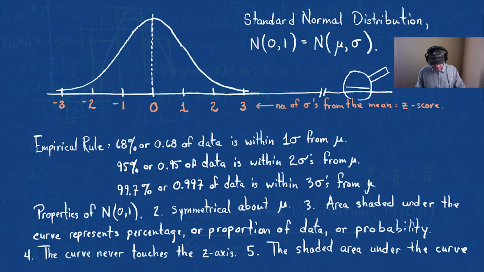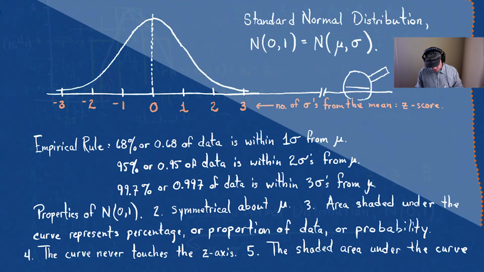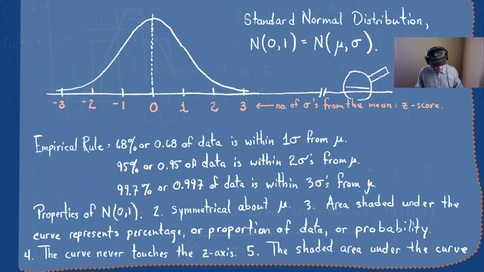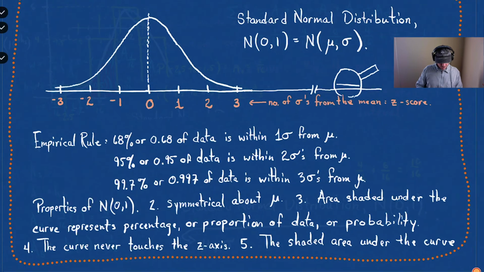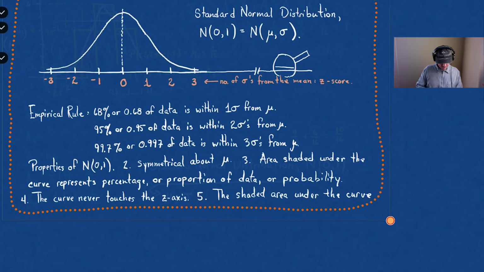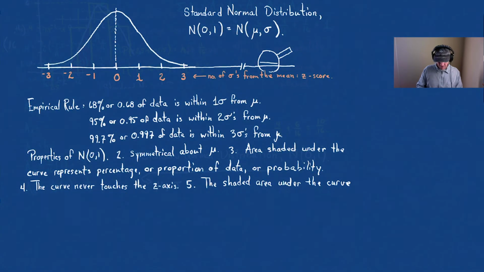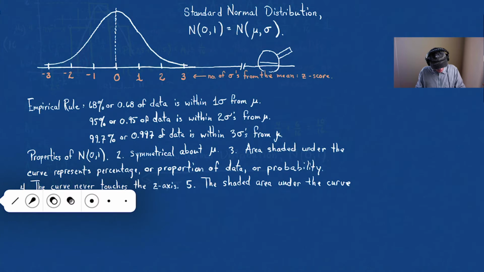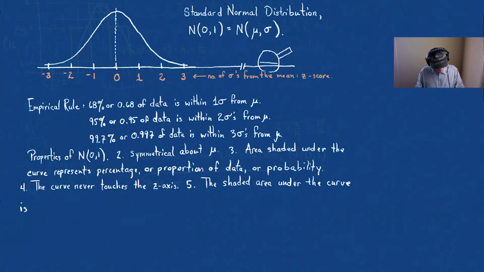You know what I'm going to have to do? I'm going to do this. Okay, let's just make it a little smaller. There we go. That'll work. Now we're back in business. The shaded area under the curve is, I can even use a smaller marker now, 1.